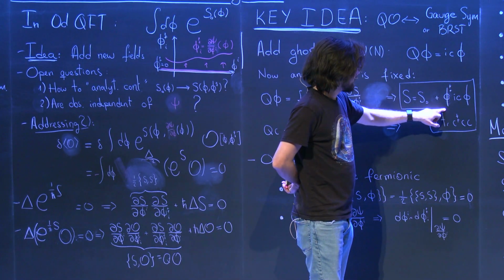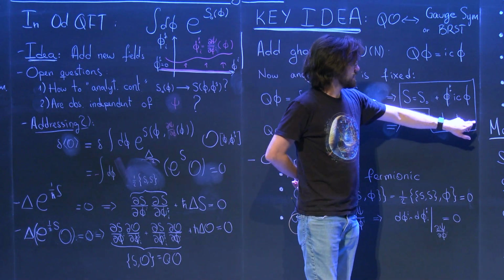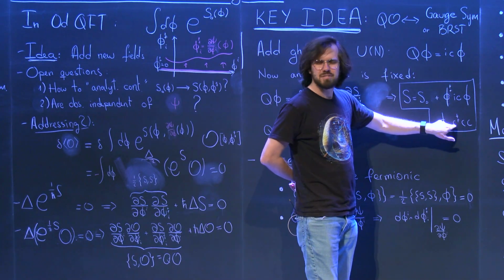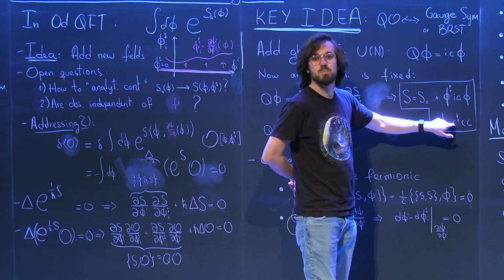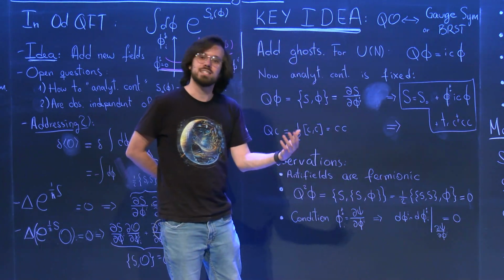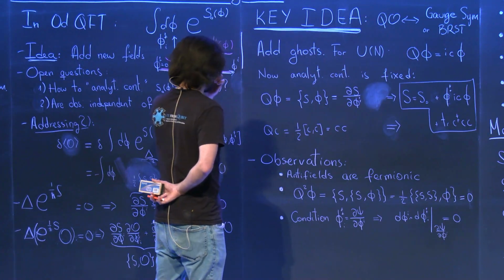And similarly here, since this quantity has two fermions, this is a boson, so the antifield for the ghost is instead bosonic. So it seems like whatever the antifield, its fermionicity is always the opposite of the one for the field.